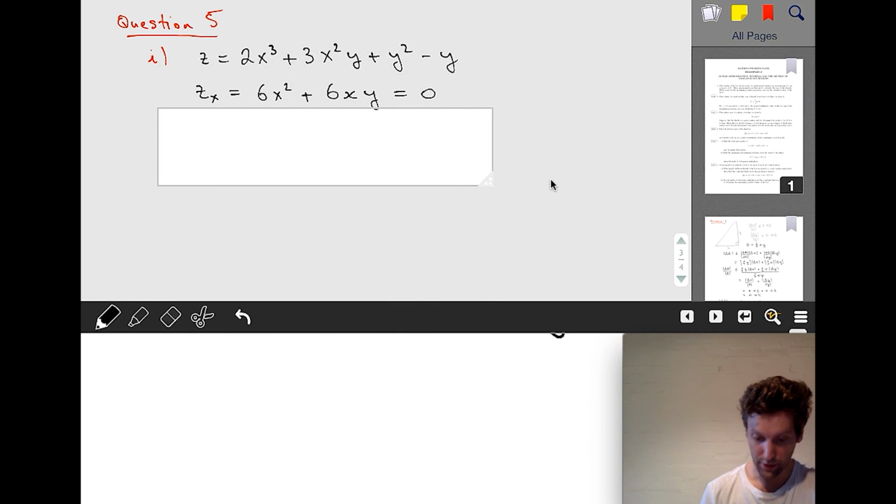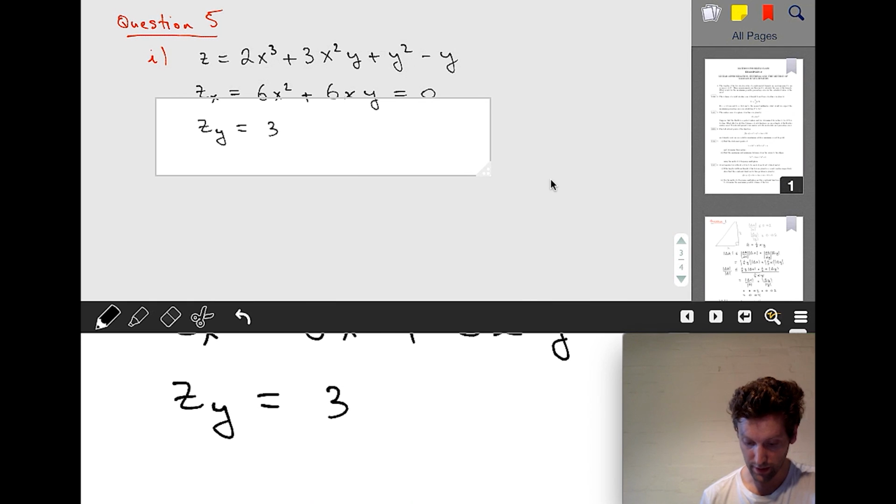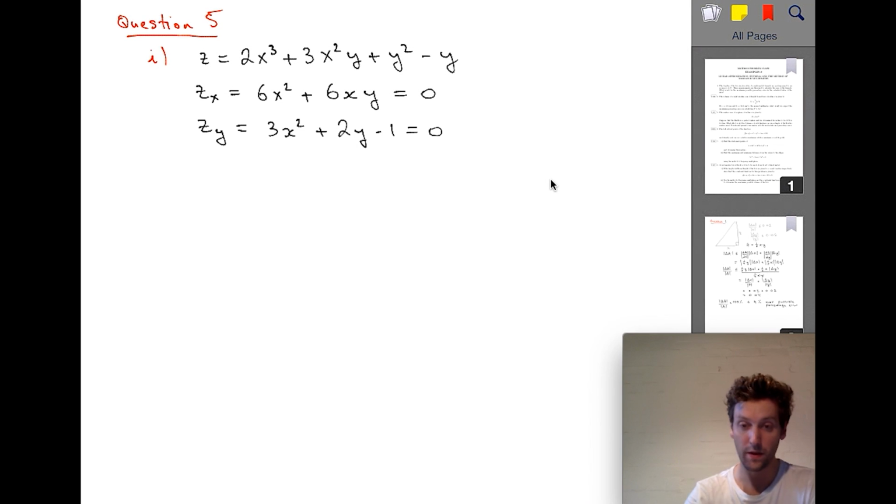The partial derivative of z with respect to y will be equal to 3x squared plus 2y minus 1. And that will also be equal to 0 at the stationary point.